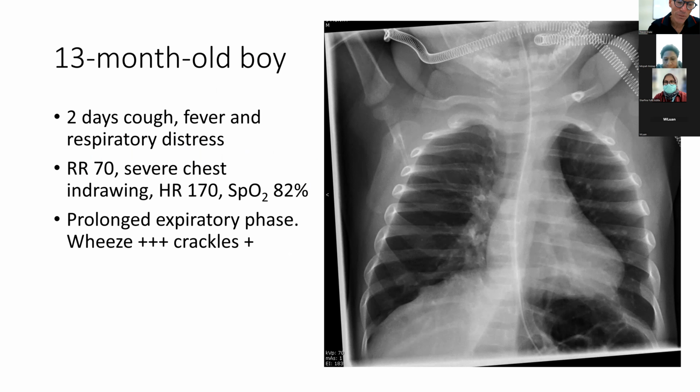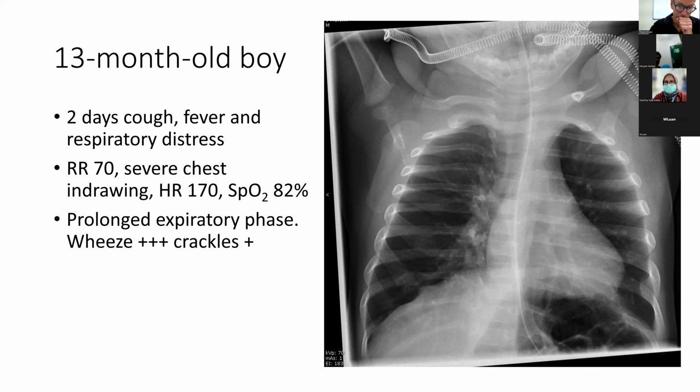He had a very prolonged expiratory phase and lots of wheeze and lots of crackles. What do you think's going on when you look at his X-ray? Can someone tell me what you think the problem might be? So, 13 months old, 2 days of cough, fever, and respiratory distress.